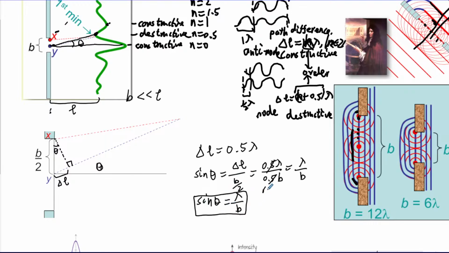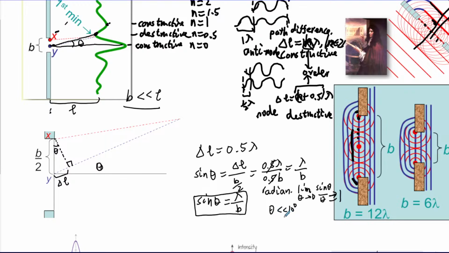However, if we use radians, those who are fluent in calculus will know that the limit as theta goes to 0 of sine theta over theta is equal to 1, which means sine theta and theta, the angle itself, are very close to each other in radians. Because we made the assumption that b is very small compared to the screen distance, the angle is going to be much smaller, usually less than 10 degrees.